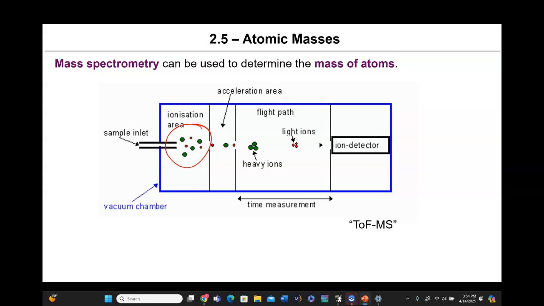What we will find is that the light particles, whatever our sample happens to be, will reach the end of the tube quicker than the heavier ones. And by measuring what we call the time of flight, how long it takes for a particle to travel our tube, we can relate that back to the mass of the particle.